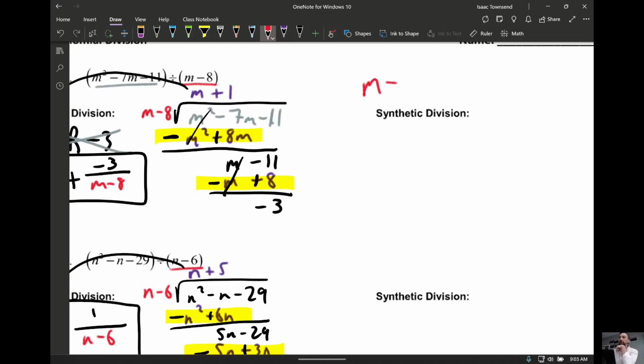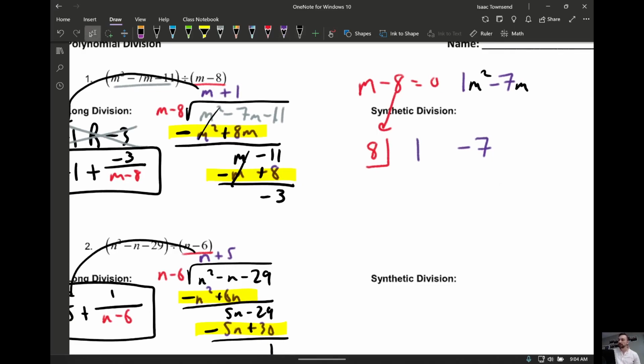So where the divisor equals 0 is the number you put in the top left box. Then you have to list off the coefficients. So I have 1m squared, then I have -7 m's, and then I have a constant of -11.